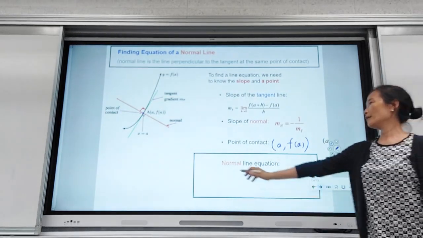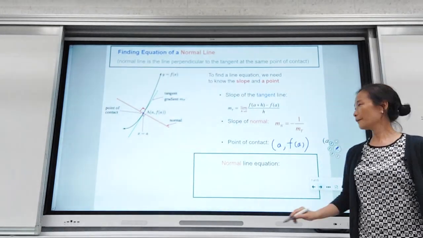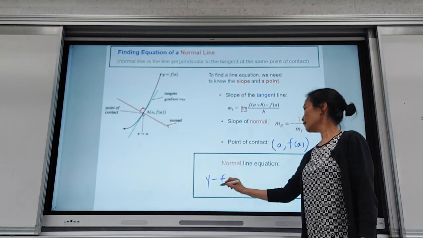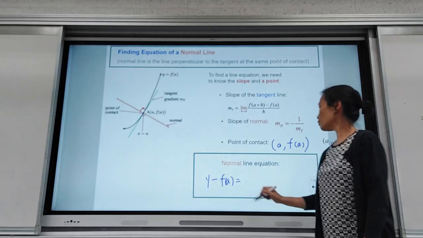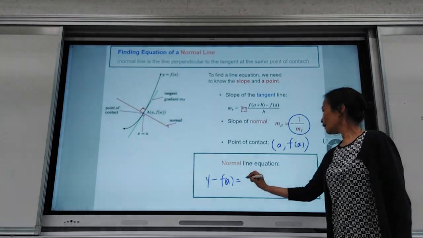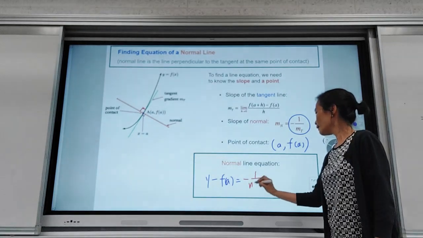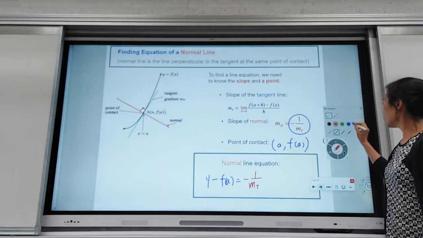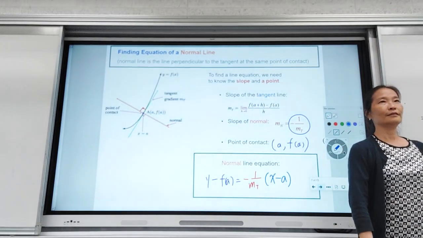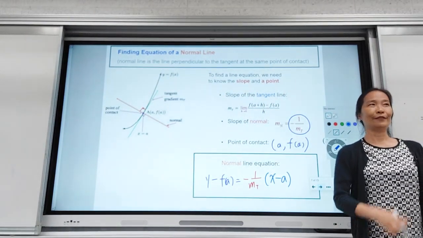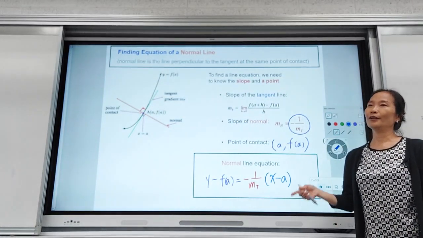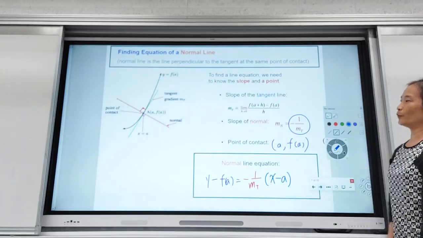So now how do you put together the line equation? y minus the same point, right? f of A is equal to, now this is the slope, negative 1 over the slope of the tangent, times x minus A. If you can find the slope of the tangent, you can find the slope of the normal. You can find the equation of the normal as well.